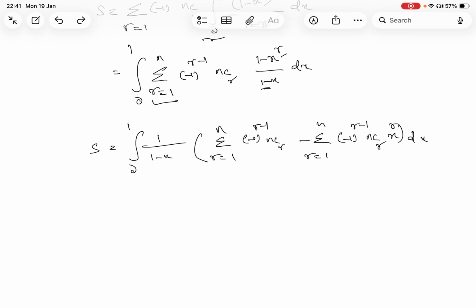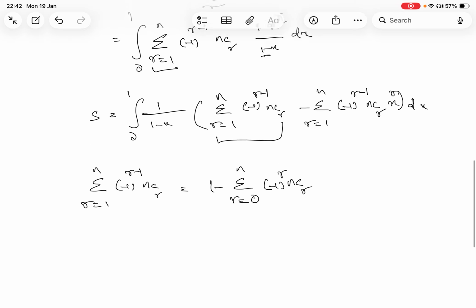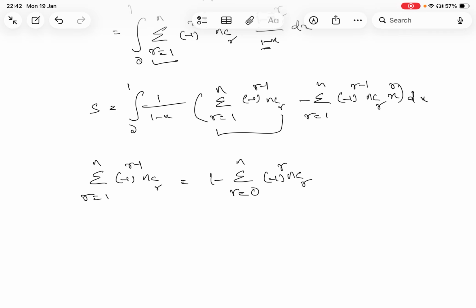Let's calculate first this part, which is summation r equal to 1 to n of (minus 1) whole power r minus 1 nCr. You can simplify this as 1 minus summation r equal to 0 to n of (minus 1) whole power r nCr. You can just expand this, both will be the same.